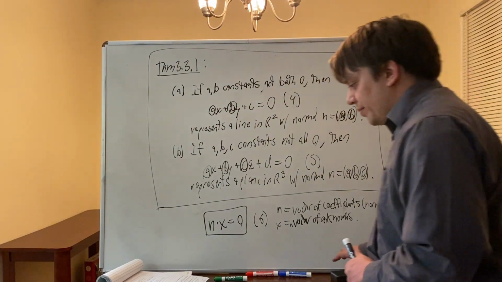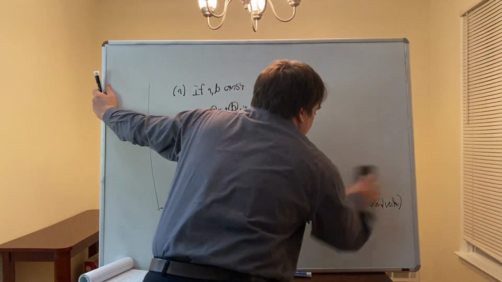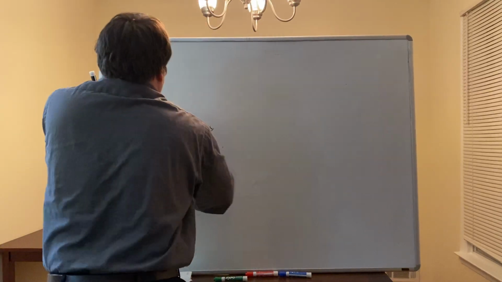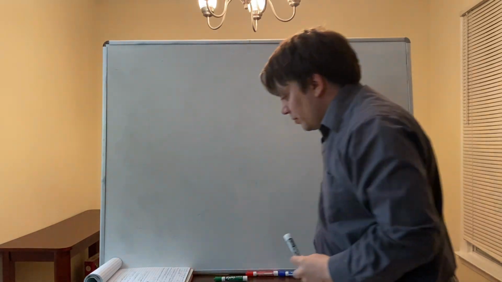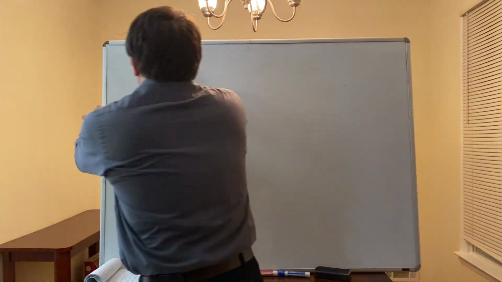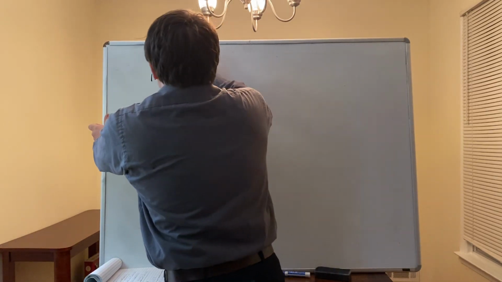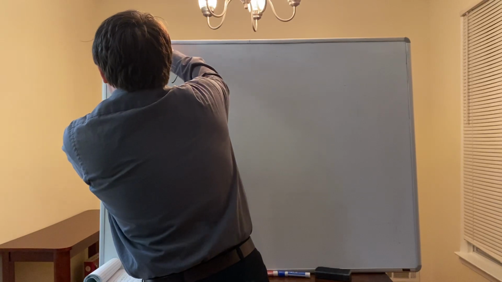All right. In R2, that equation n dot x equals 0, that's equation 6 from last board.